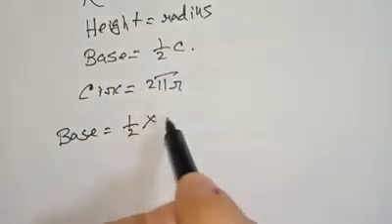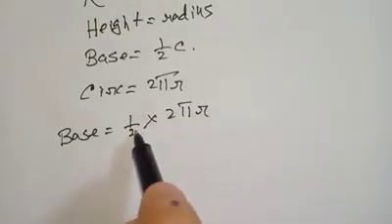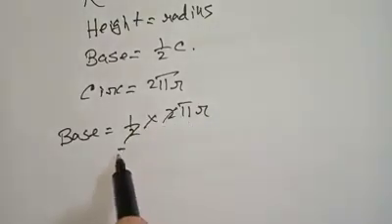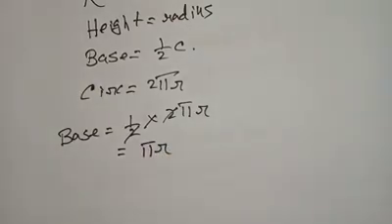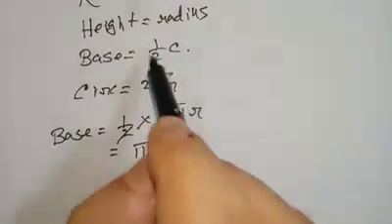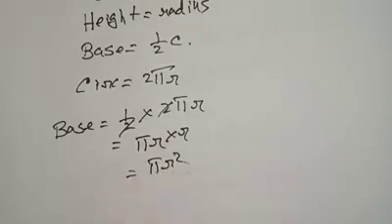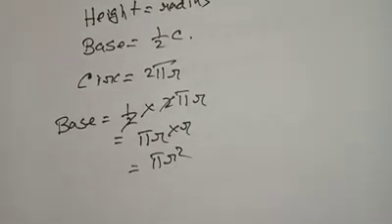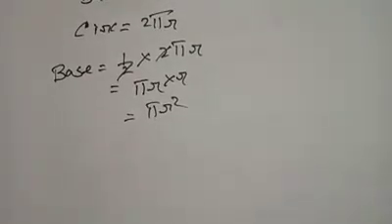So half multiplied by c is what? 2 pi r. So I am cancelling out the 2 and 2. What I am getting is pi r, right? Now pi r times r, which is the radius, because height equals radius, we get pi r squared. Simple. So this is a very useful way in which I can find out the area of a circle.